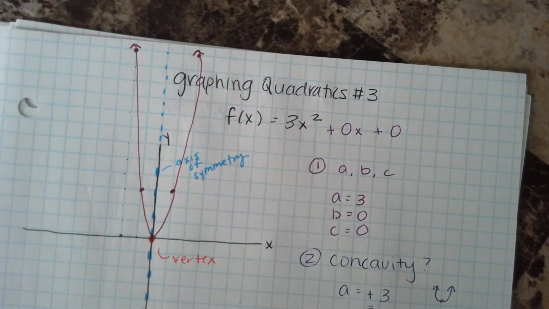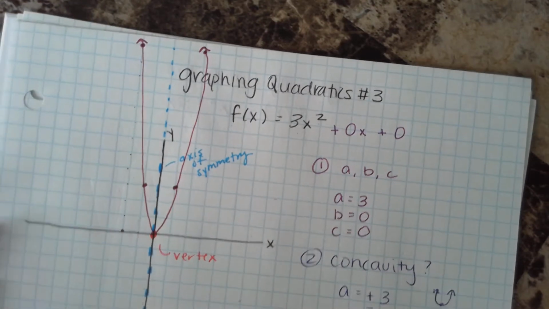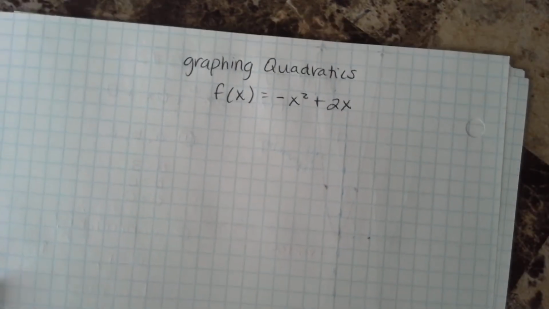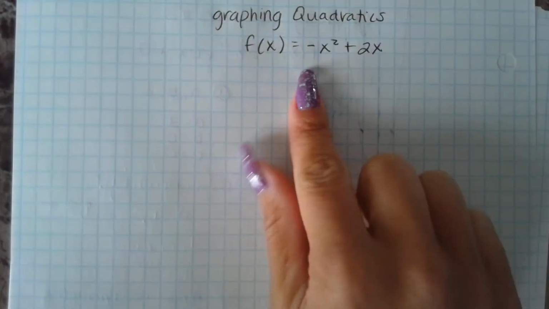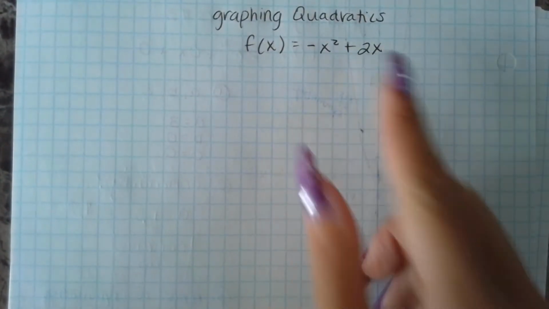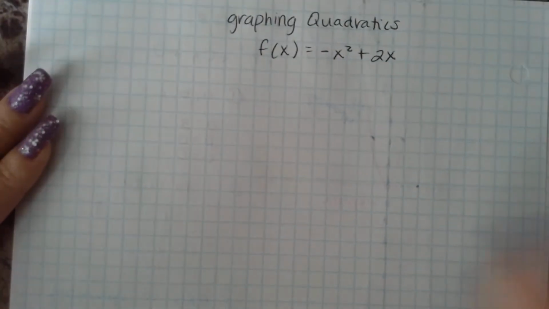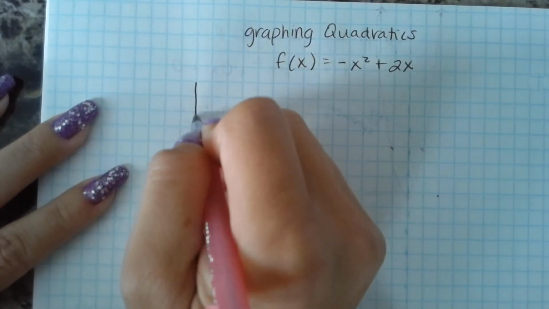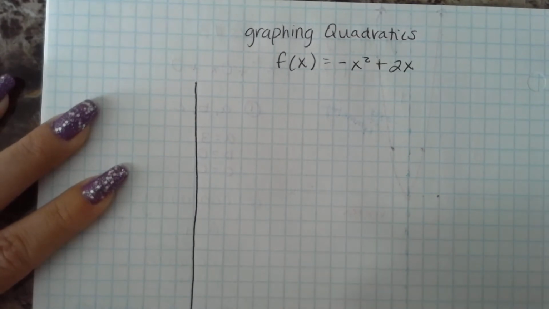Okay, so let's look at another example where it may not have all three pieces. So I'm going to turn this over, and I already have our equation picked out, okay? So we have f of x equals negative x squared plus 2. I'm going to go ahead and draw my x and y axis graph.